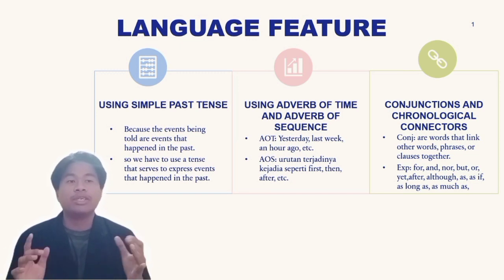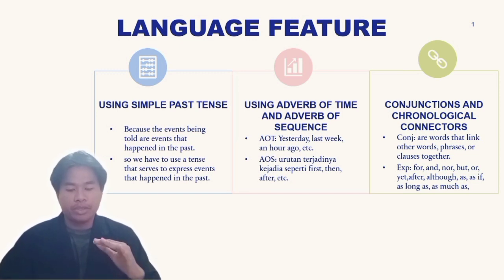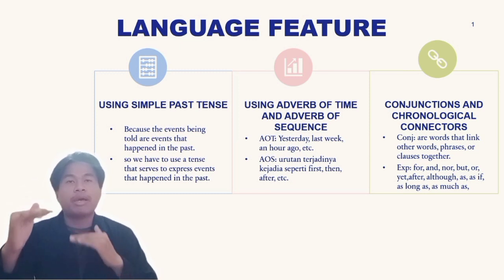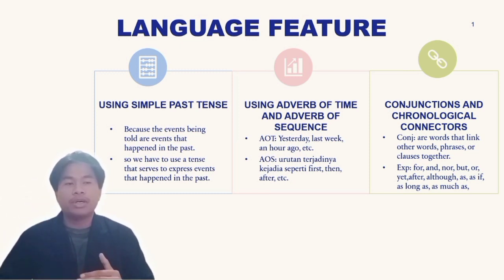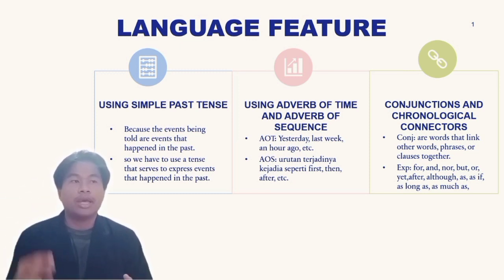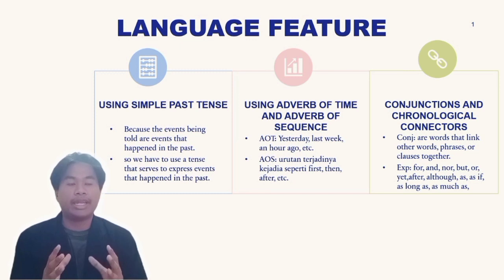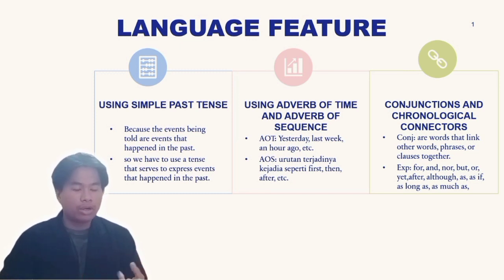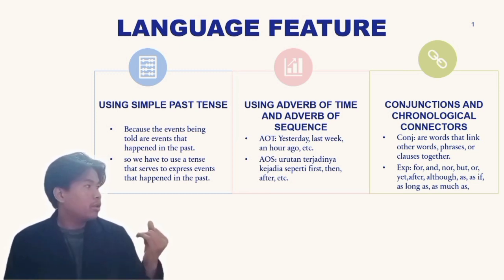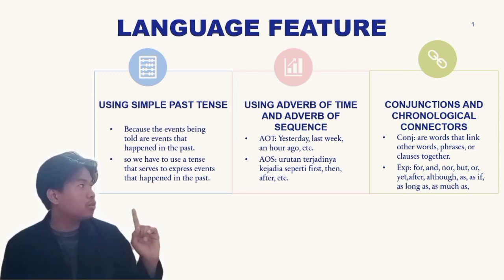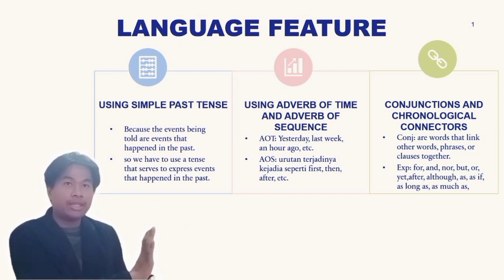The adverb of sequence is to tell the story part by part, like first, then, after. And the third is using conjunctions and chronological connectors. They are used to link words, phrases, or clauses together. The examples are for, nor, and, all through. You can see at my right side, this is more detail about it.